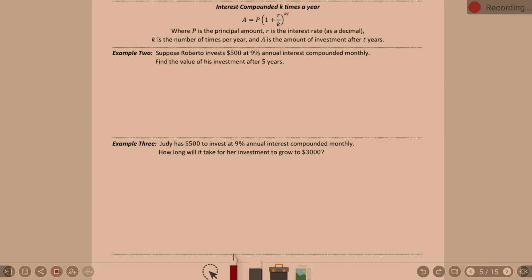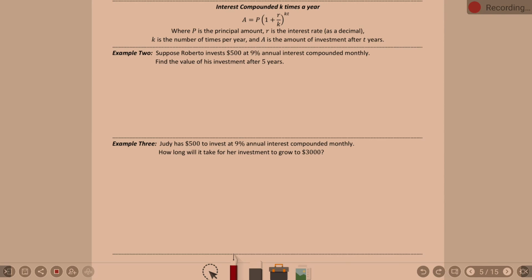P is still your principal. R is still your interest rate as a decimal. K is the number of times per year, so K relates to how often this is compounded. A is the amount of investment after T years.